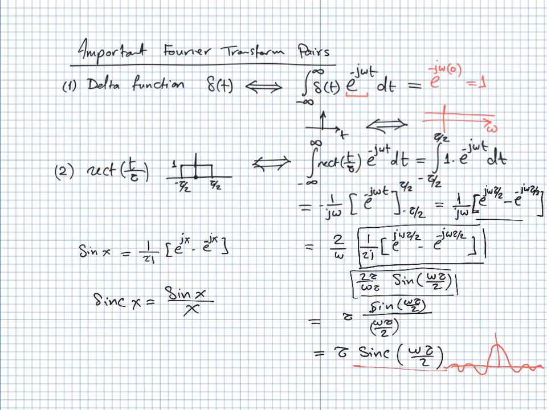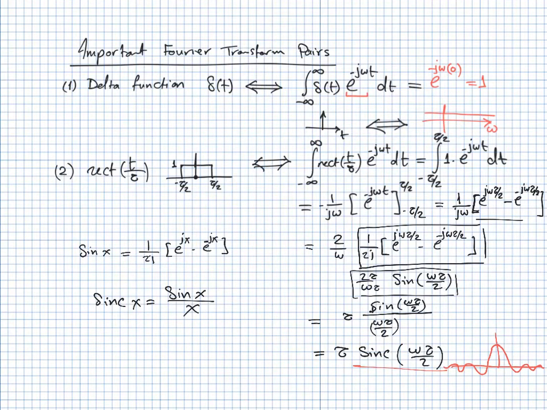So sinc of x will have a magnitude equal to 1 at 0, and then it drops down, and it reaches 0 when the sine reaches the first 0, other than at the 0 point, right? At the 0 point, it's not equal to 0 because it becomes sine 0 divided by 0, and then you apply L'Hopital, you will find that it's equal to 1, okay? But then the next value where the sine is equal to 0 is going to be when omega tau divided by 2 is equal to what? When is the next 0 of the sine?